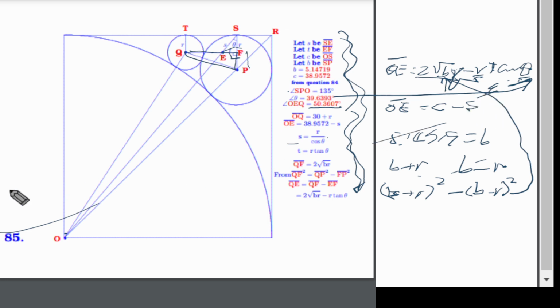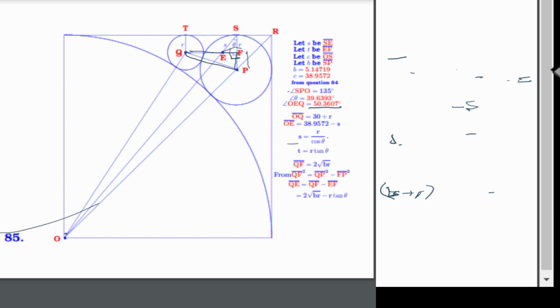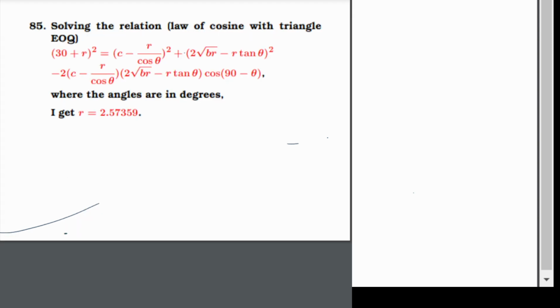Then let's go over to the equation part. Using that relation, we can make the equation here.